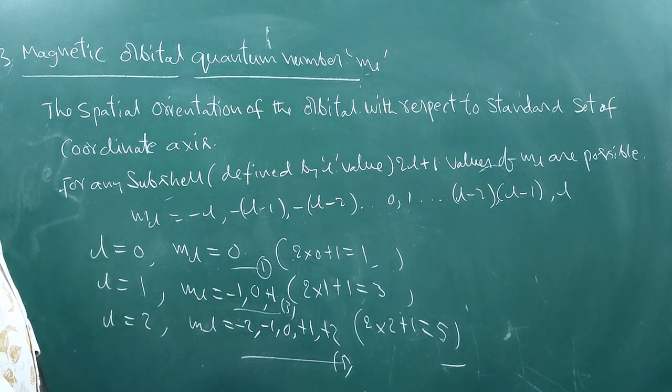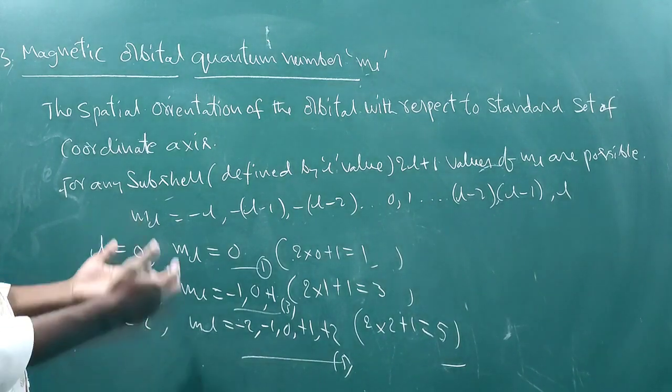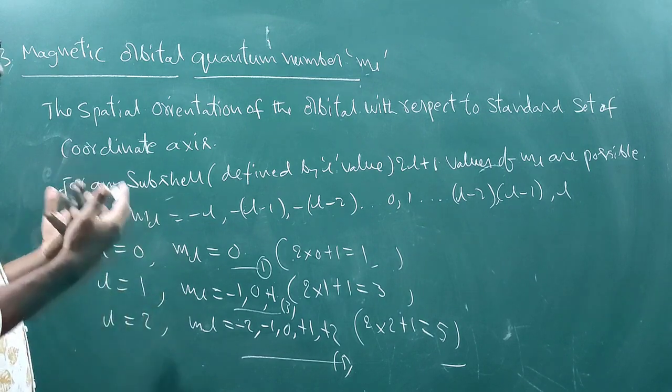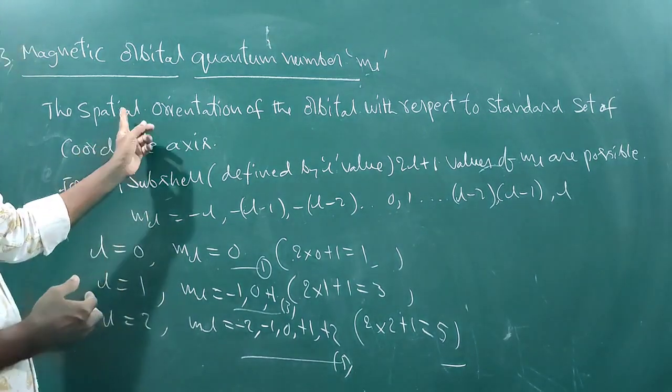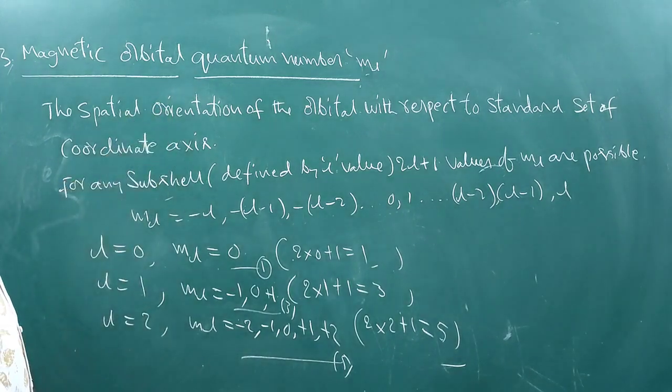ML indicates the spatial orientation of the orbitals.